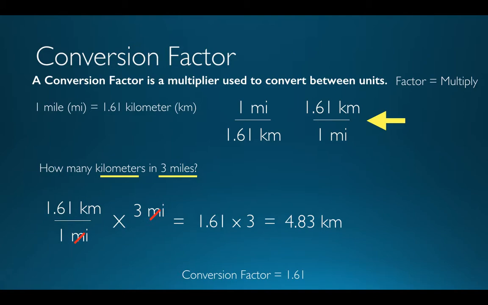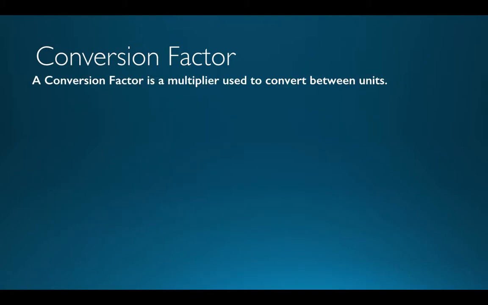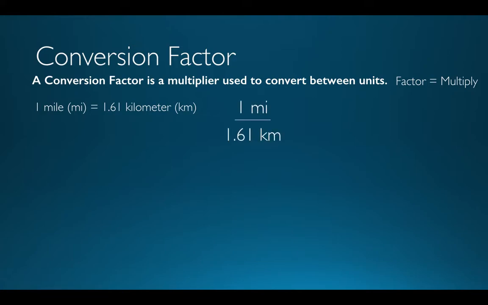Let's look at another one. We're going to use the same 1 mile to 1.61 kilometers. There are my two ratios like we had on the previous slide, except this time, I want to know how many miles there are in 3 kilometers.